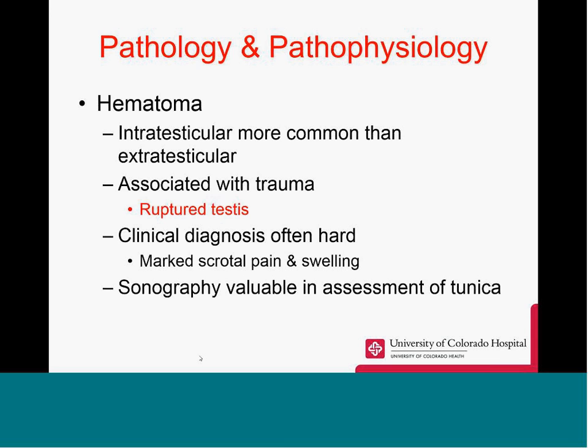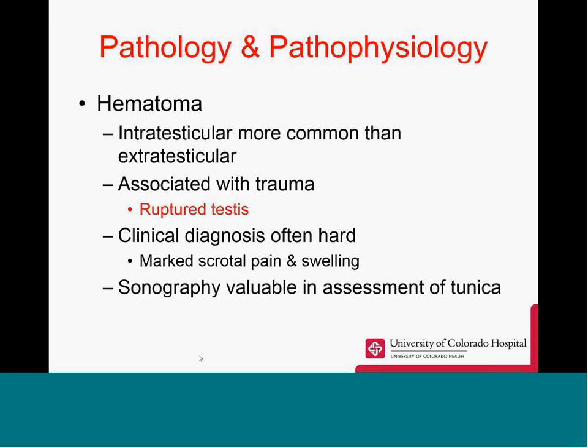Hematomas: you can have an intratesticular type, which is more common than extratesticular. They are associated with trauma, a ruptured testis. This is often a clinical diagnosis, which is difficult. You'll see marked scrotal pain and swelling.